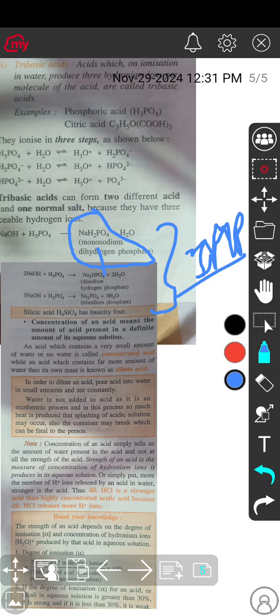Just a small difference. There are two molecules of NaOH and two molecules of H2O here, and here three molecules of NaOH and three molecules of H2O. So these three salts are produced.